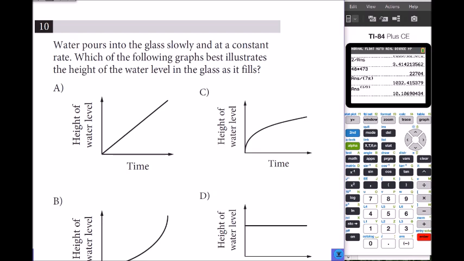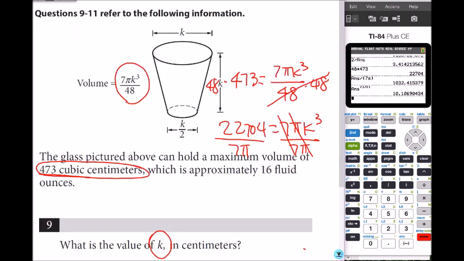If it keeps pouring, when you look at the shape, the height will slowly increase because it gets wider, right? So if you put a little bit of water, the same amount, it might raise this much, but as it gets higher, it might only increase a little bit because it gets wider, so it needs more volume to go higher.